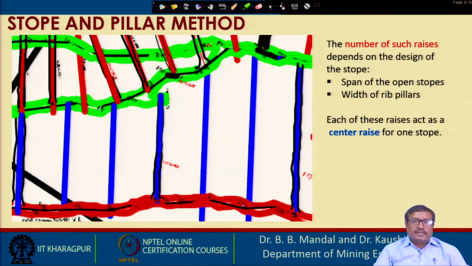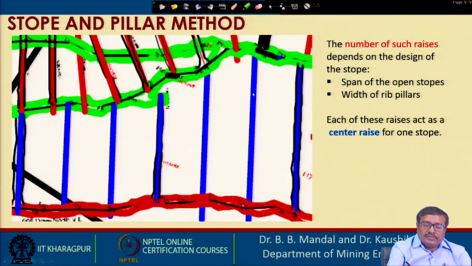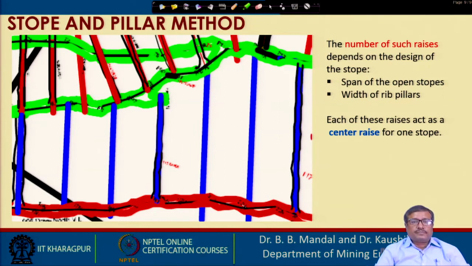So, when we make a series of raises, each of these raises will act as the center raise for one stope. That means, this is basically a single raise stope. The stope depends only on one raise and the upper level and lower level, that is all.